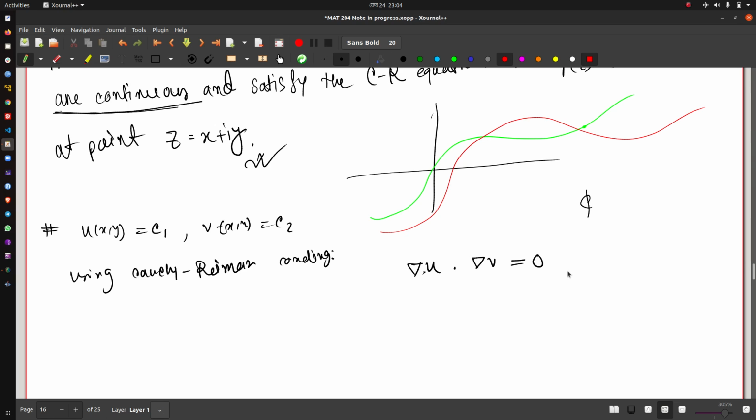So why take this gradient? What we wanted to show is that if you have u and v that satisfy the Cauchy-Riemann conditions, then these two curves seen in this diagram, which can be called level curves, are orthogonal to each other, even though it's not apparent from this figure. So this is one of the consequences of the Cauchy-Riemann conditions.